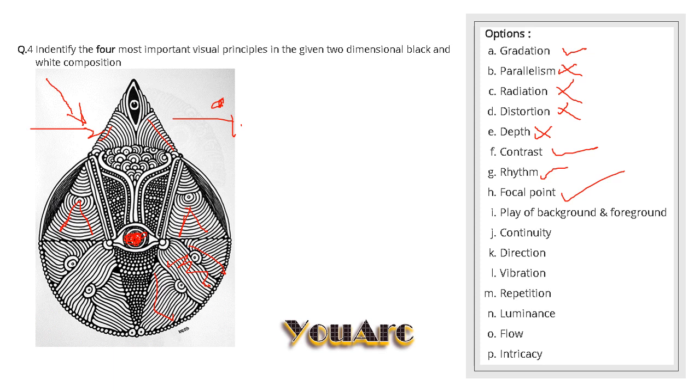Play of foreground and background, not much. Maybe this portion has it, but not well defined like the other one. Continuity, can we feel continuity? No, continuity is not there. Direction is not there. Vibration, no, I don't feel vibration. Repetition, yes, repetition is there, right? All the elements are getting repeated. Luminance is some light effect, I guess, so it is not there.